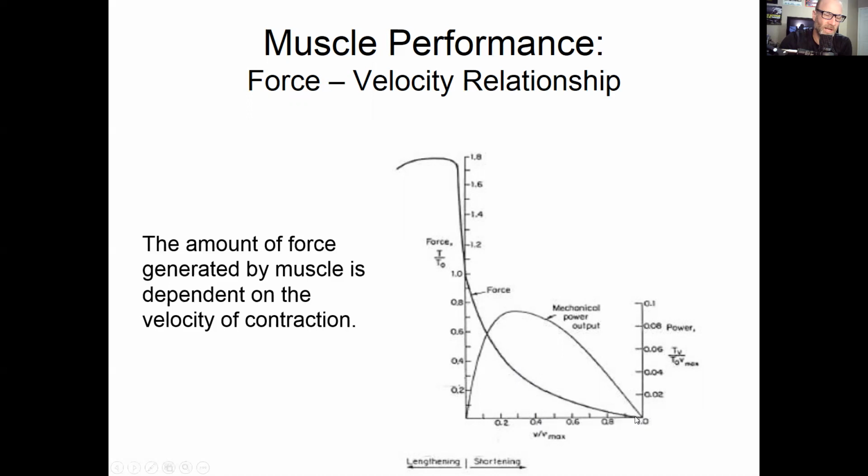And that has to do with how quick the myosin heads can change shape, pull the thin filament, release the thin filament, and then re-energize to a high energy state, bind again. That cyclical action, the ability to generate force will just go down as we're trying to do that faster and faster and faster.